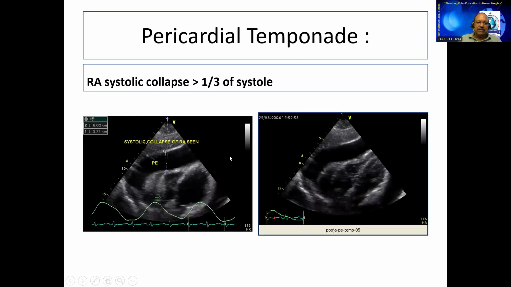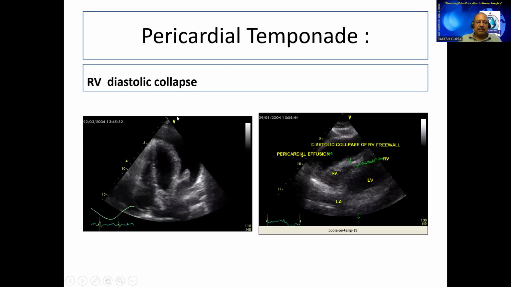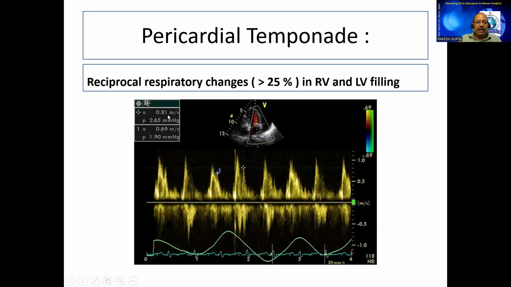And this is what we have marked: systolic collapse of RA seen and diastolic collapse of RV seen. And here is a diastolic collapse of RV, which is getting bulged into the right ventricular cavity. And look at the reciprocal respiratory changes.